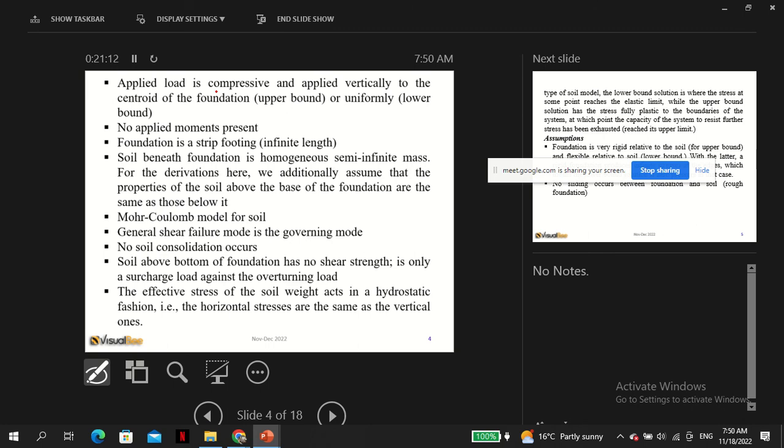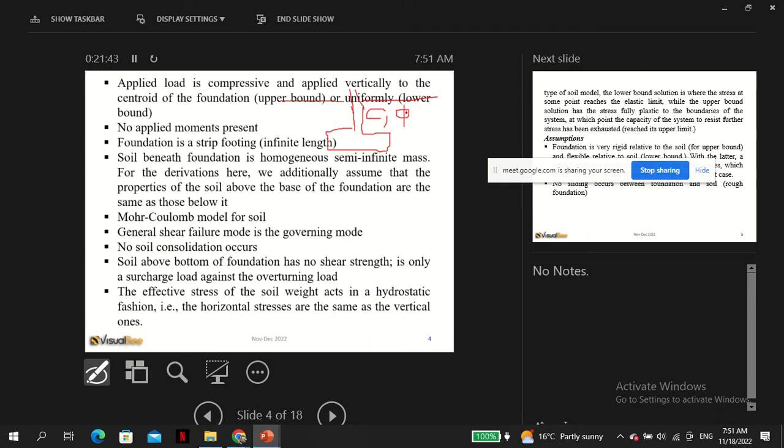Soil beneath the foundation is homogeneous semi-infinite mass. For the derivations here, we additionally assume that the properties of the soil above the base of the foundation are the same as those below it. So basically we are saying that soil is kind of the same.